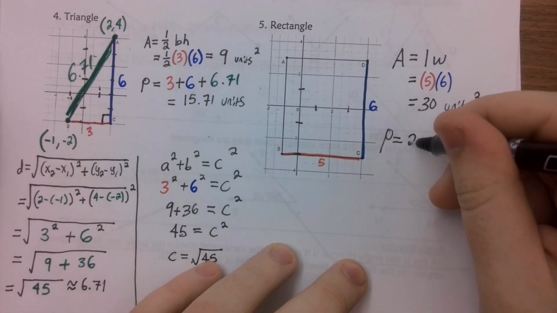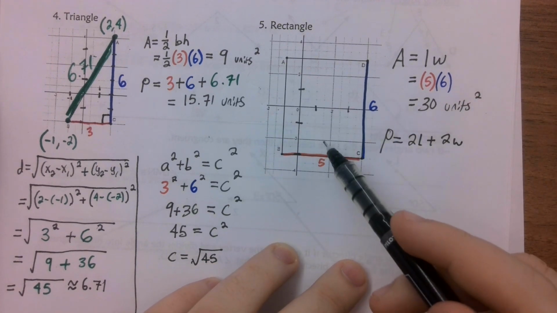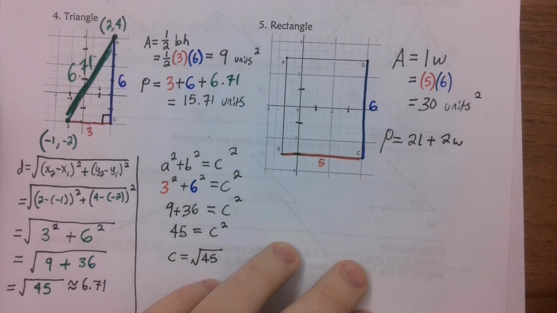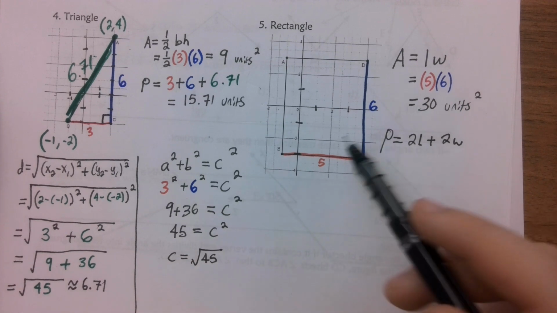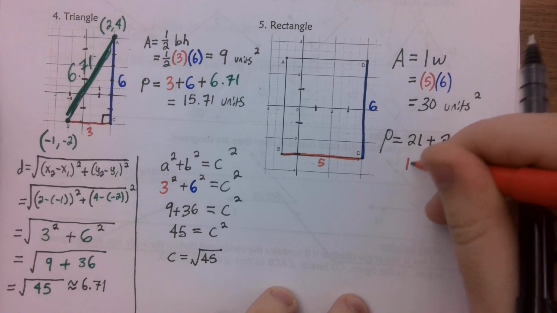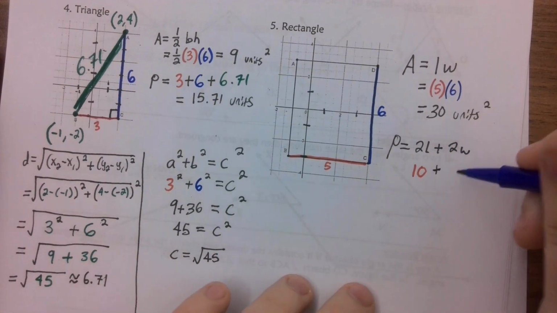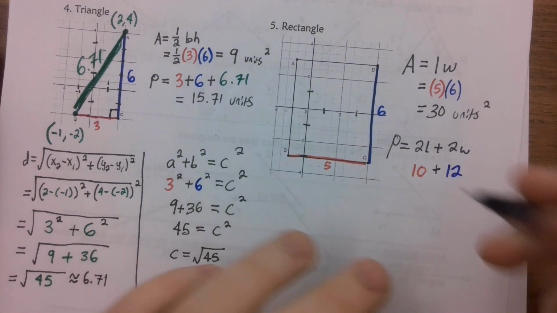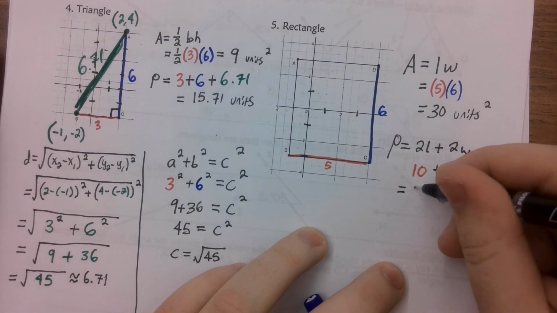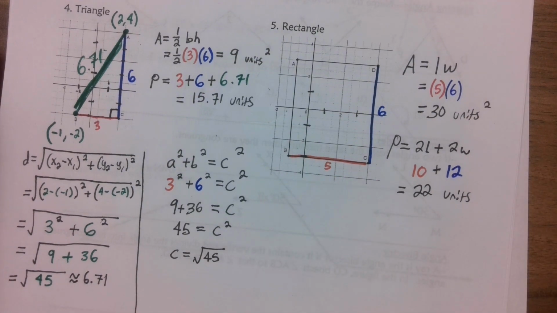Remember that the perimeter can be found by taking 2 times the length plus 2 times the width, or you can just add up all the sides. Our length here is 5, so 2 times the length is 10. The width is 6, so 2 times the width is 12. 10 plus 12? 22 units. Very nice.